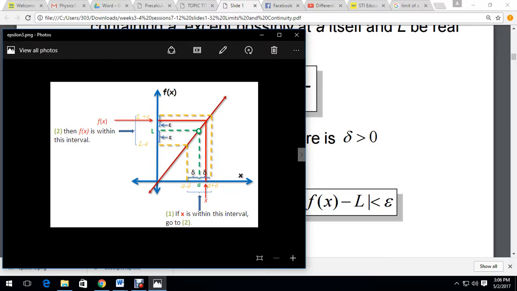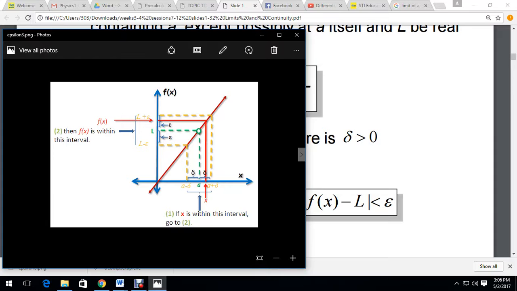Within this range of L minus epsilon and L plus epsilon, we define this interval as the neighborhood around L.